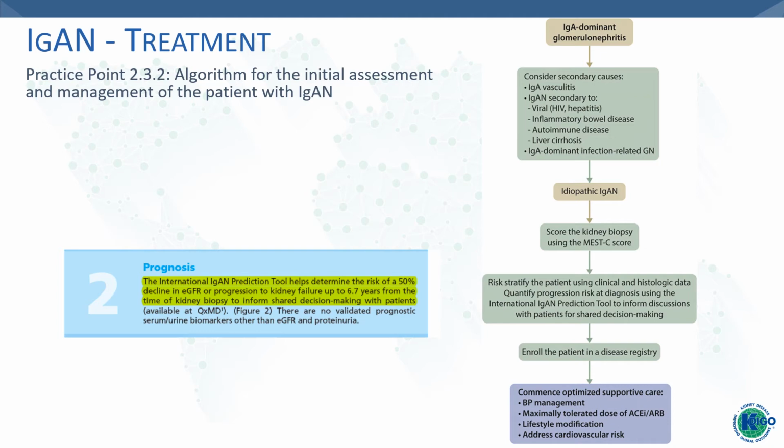You have to start and optimize supportive care by blood pressure management, using the maximally tolerated dose of ACE inhibitors and ARBs, adjusting the patient's lifestyle, and addressing cardiovascular risk. Okay, then for how long will I continue the supportive therapy?